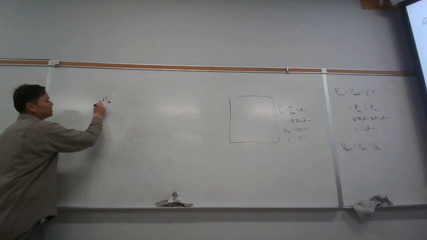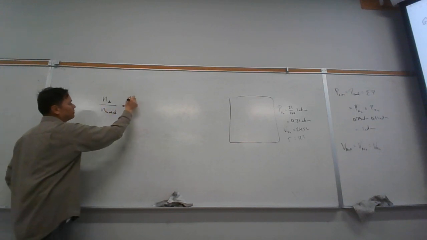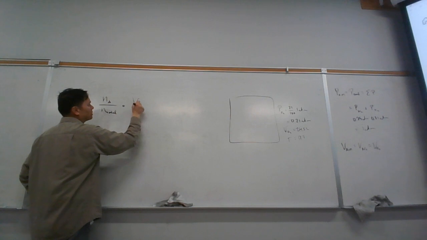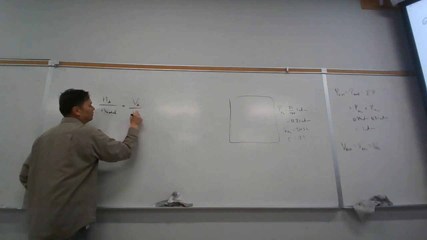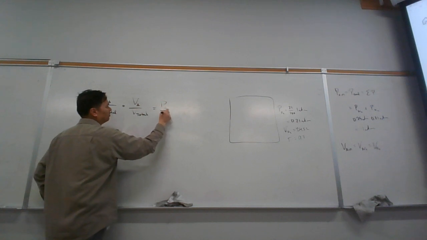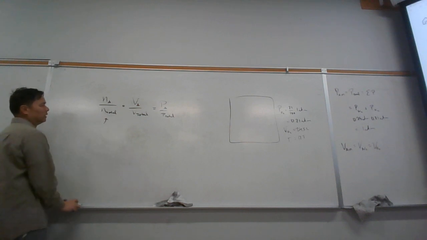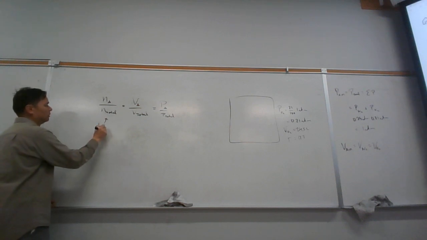The mole fraction, which is Na over N total, is equal to the pressure fraction, well, actually, let's do the volume fraction. It is equal to the volume fraction, VA over V total, which is equal to the pressure fraction, PA over P total. However, these cannot be simultaneously true. And so this is always true.